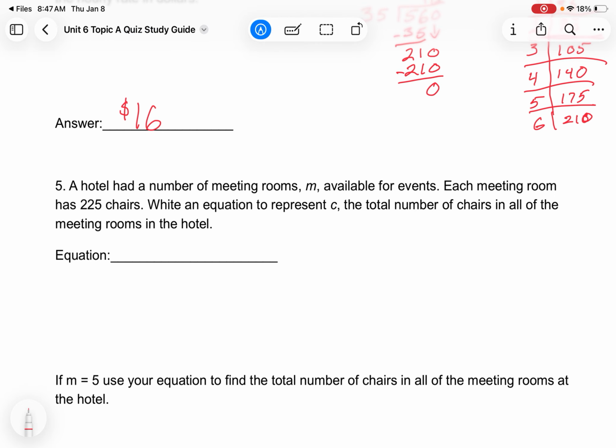Okay. A hotel had a number of meeting rooms, M, available for events. Each meeting room has 225 chairs. Write an equation to represent C, the total number of chairs in all the meeting rooms. Well, since C is the total number of chairs, that's going to be C equals.